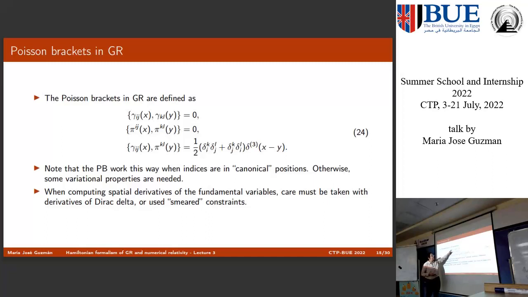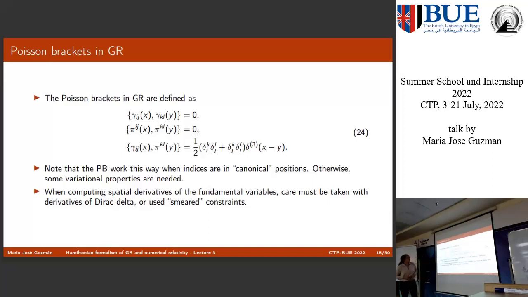Here, metric with metric is 0, momenta with momenta is 0, and this is a commutator, not an anti-commutator. And finally, for the metric with the momenta, I have to take into account that this metric is symmetric in these indices, and this pi is also symmetric. If I just put one term, then I don't make sure that it is symmetric. That's why I need to add two terms here. So this Poisson bracket is symmetric in these indices and these indices.